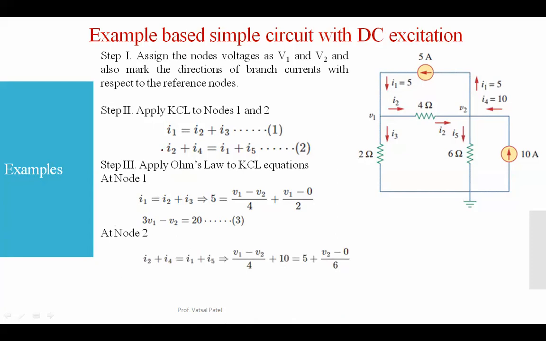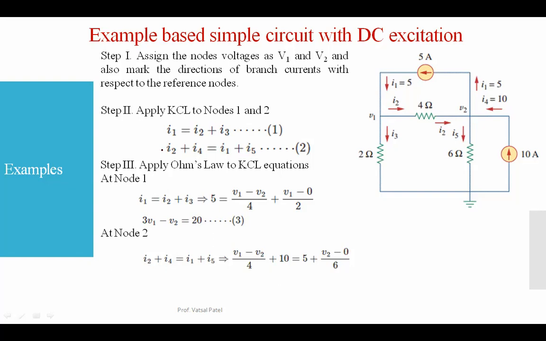So I2 is equal to V1 minus V2 by 4, because according to the current direction, V1 minus V2 will be there. So V1 minus V2 by 4 plus the I4, which is already given as 10 ampere, is equal to I1, which is already given as 5 ampere, plus V2 minus 0 divided by 6.